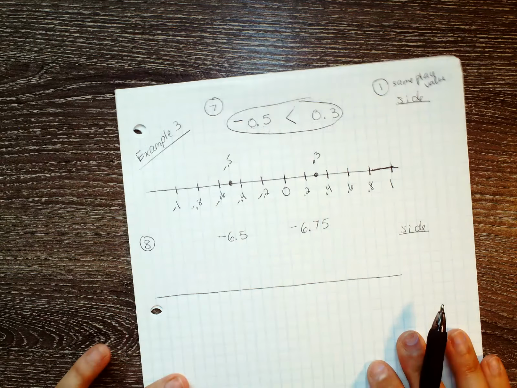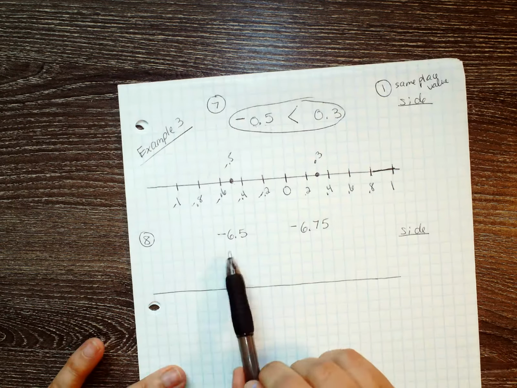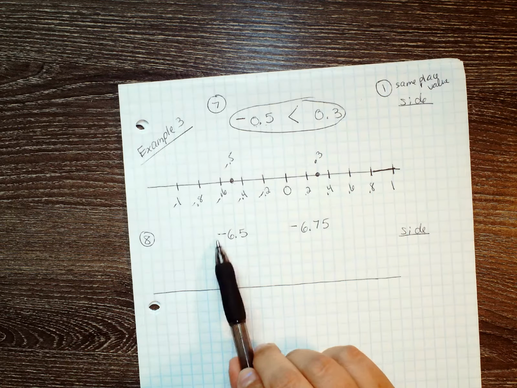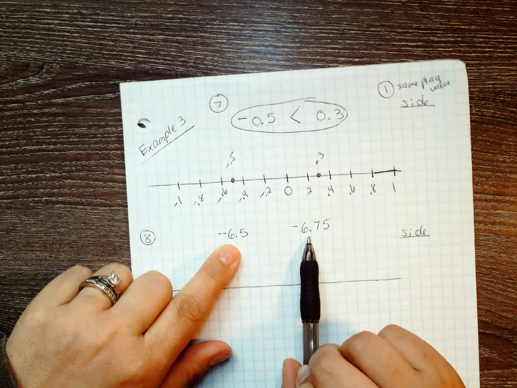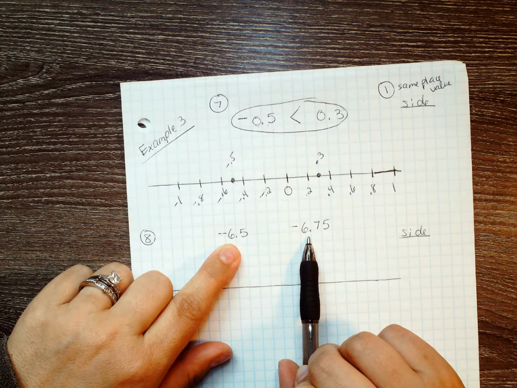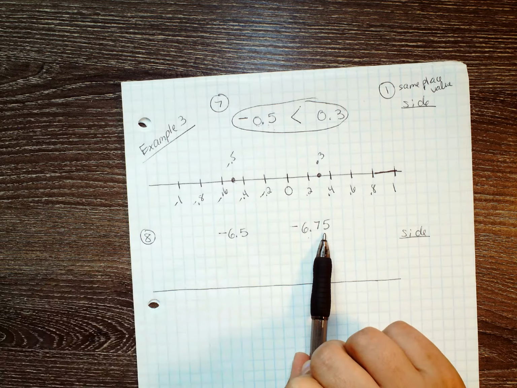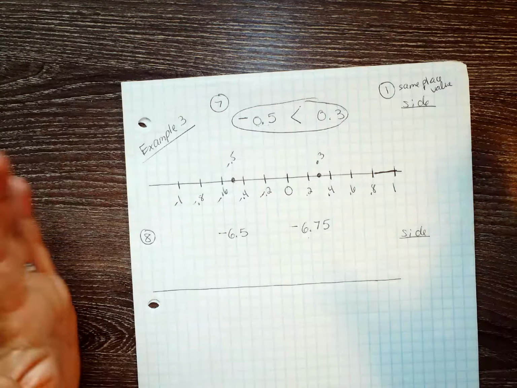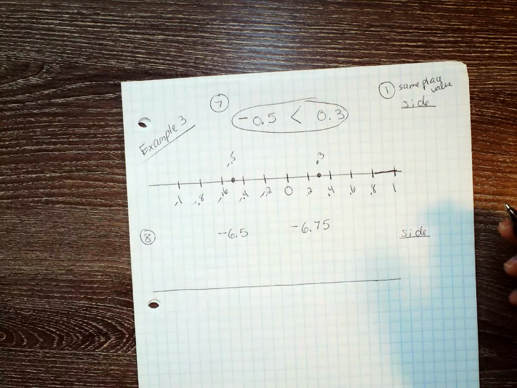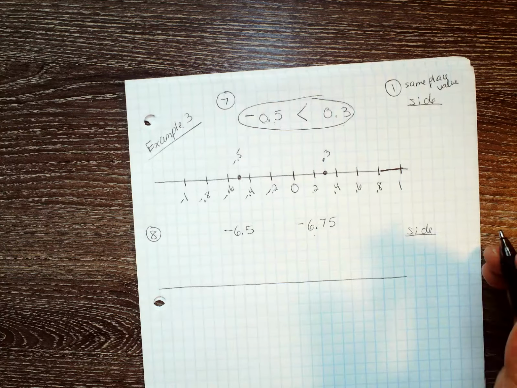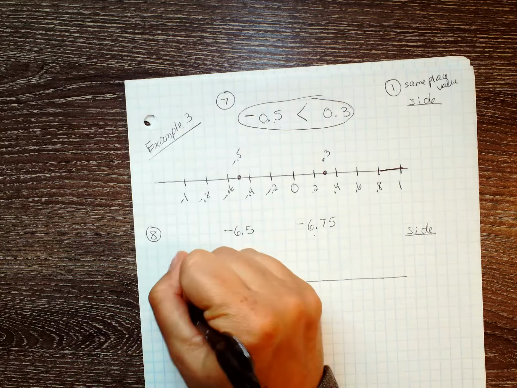So let's look at number 8. And number 8, this one is a good one. It's actually all in the negative 6s, which is great. So on your number line, even though we always say try to go to 0, this is going to be hard. So if you want to be more exact, I'll show you.